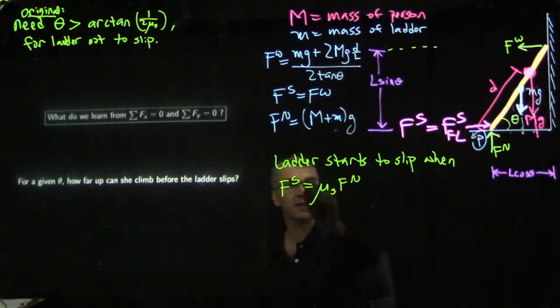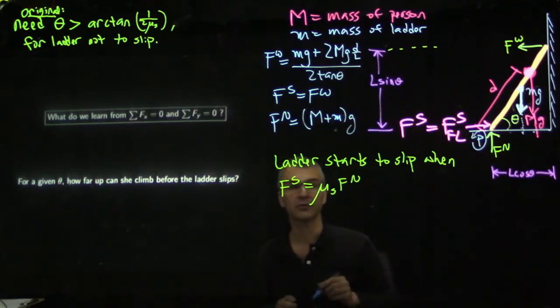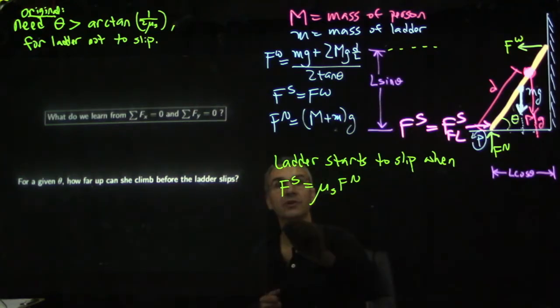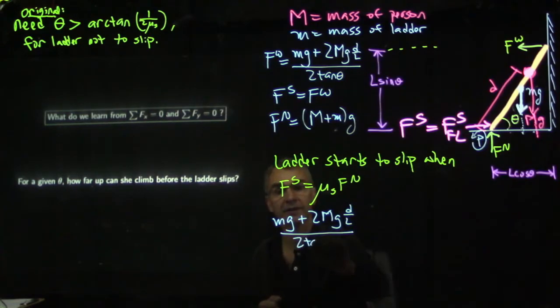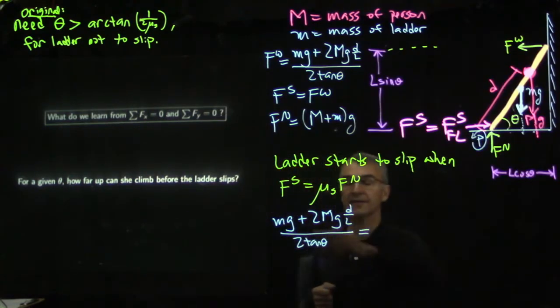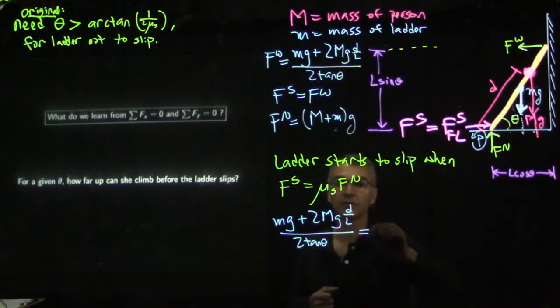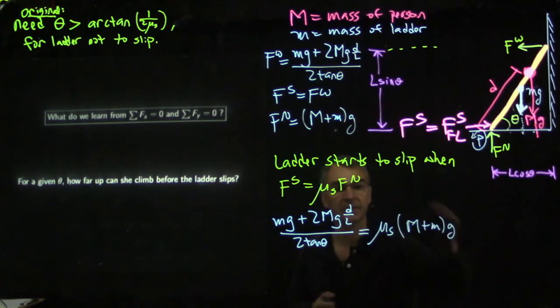So you know the ladder will slip if the F static that we require is bigger than or equal to mu static F normal. So F static is little mg plus 2 big Mg d over L, divided by 2 tan theta. And if that is bigger than or equal to mu static times the sum of the two weights, then the ladder will slip.